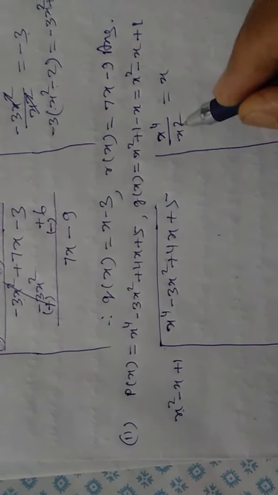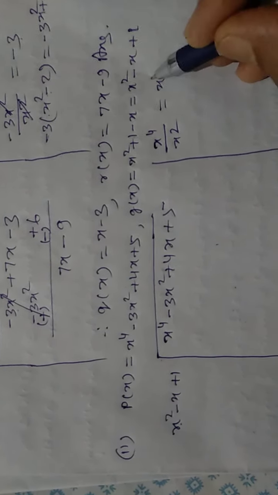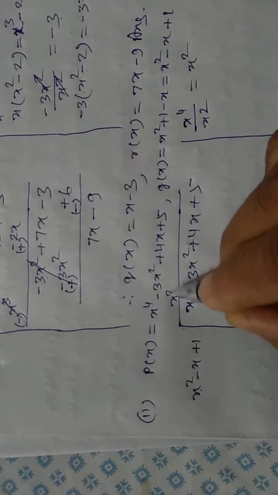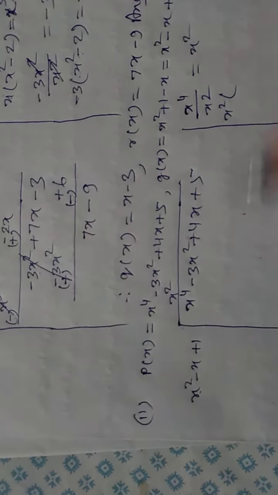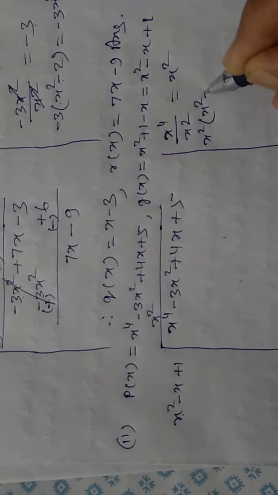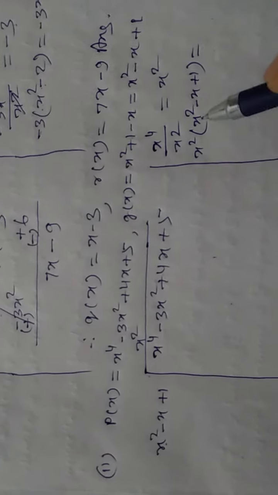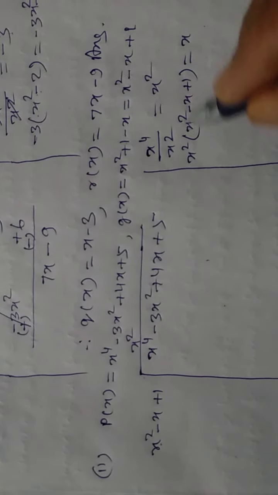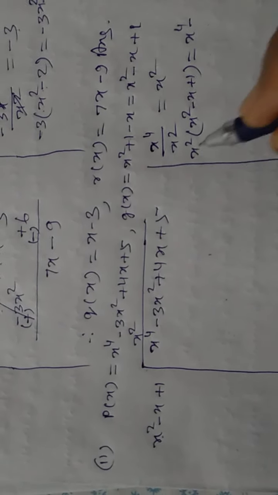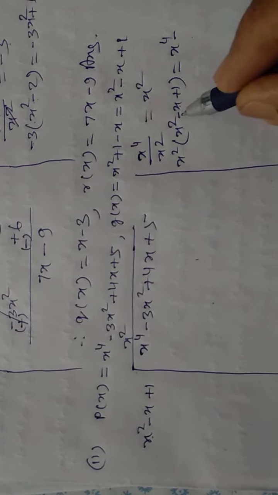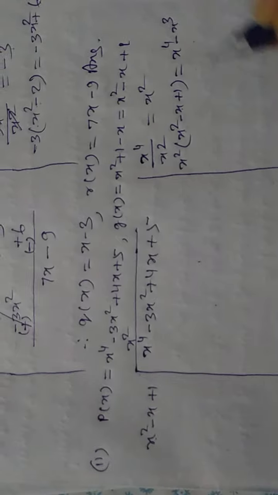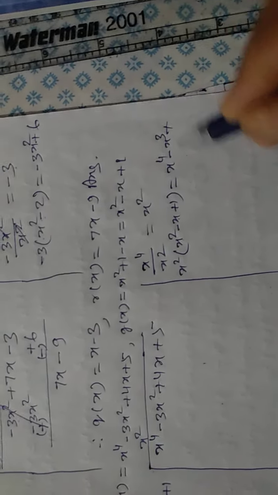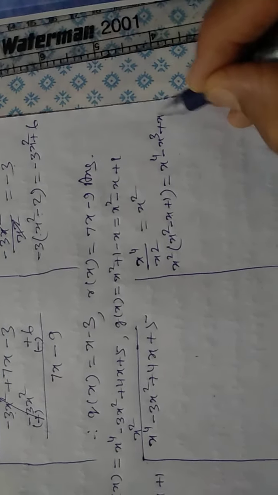When you divide, x to the power 4 minus 2, it will be x square. Now with x square, multiply this divisor x square minus x plus 1. Now multiply x square into x square, x to the power 2 plus 2, 4, minus x square into x, this minus 2 plus 1, 3, x to the power 3, and plus x square into 1, x square.